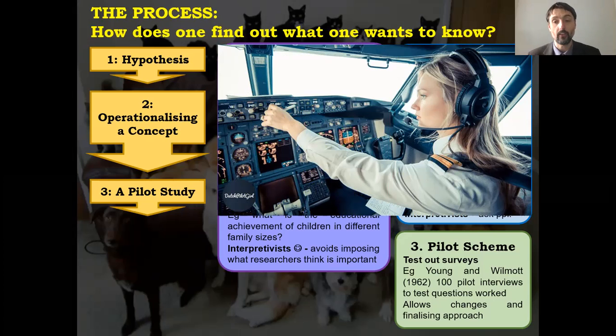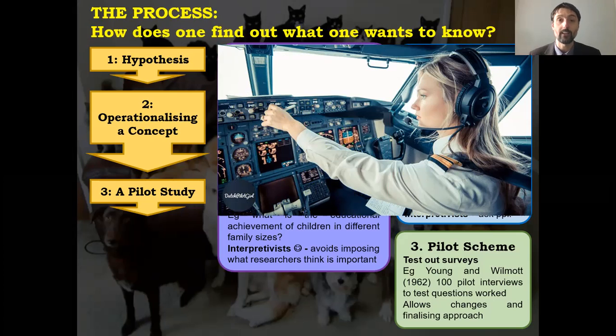The textbook gives the example of Young and Willmott, who you may remember from Families and Households in 1962, where they did their survey of London's docklands to try and find out about changes to family over time when we're talking about division of labour and isolated conjugal roles.